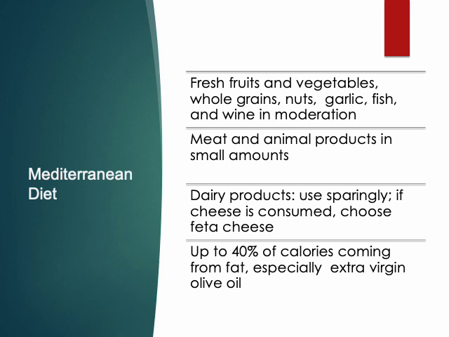Meat and animal products are taken in only small amounts. You want to use dairy products just sparingly. And if you do use cheese, you want to choose a feta cheese. Up to 40% of the calories in the Mediterranean diet are coming from fats like extra virgin olive oil.